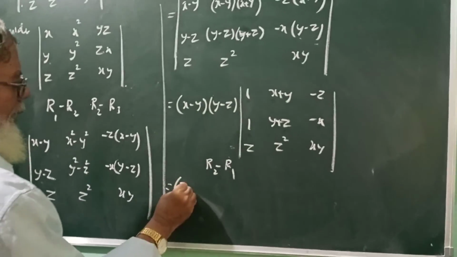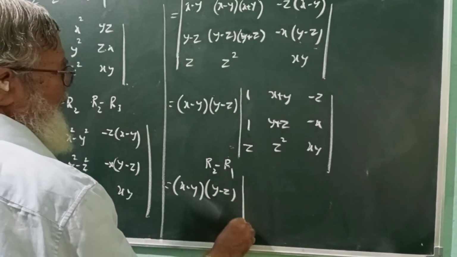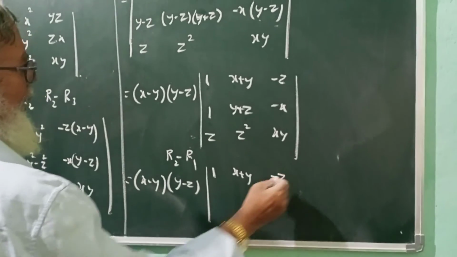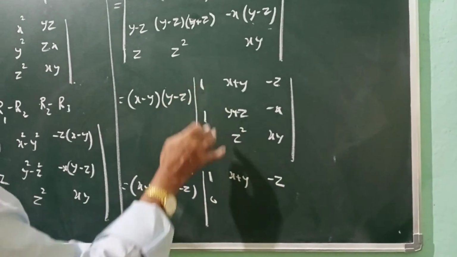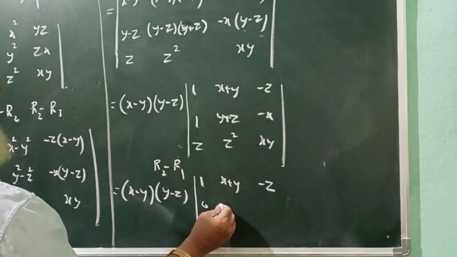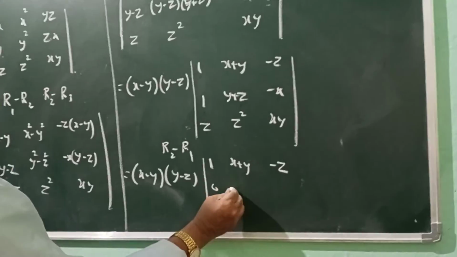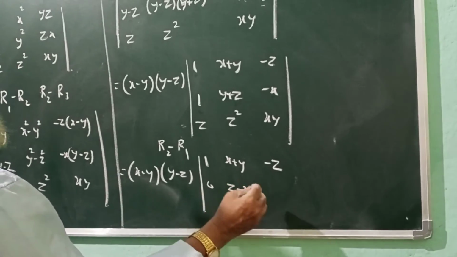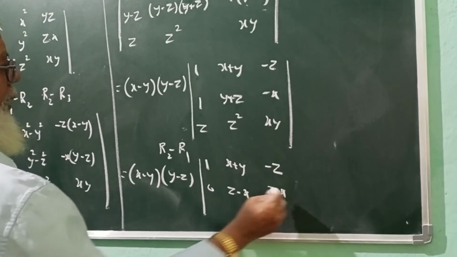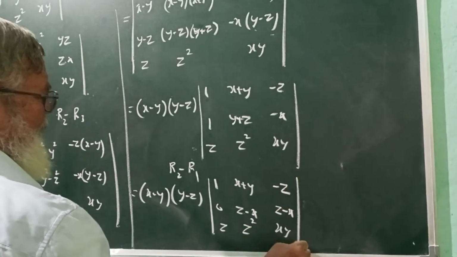So it will be x minus y, y minus z, 1, x plus y minus z; 0, z minus x; and here also minus x plus z means z minus x; then z square, xy.